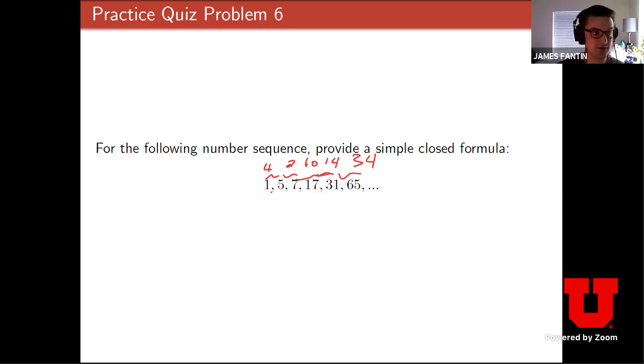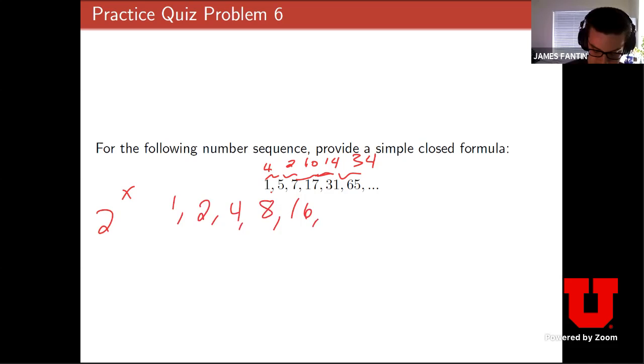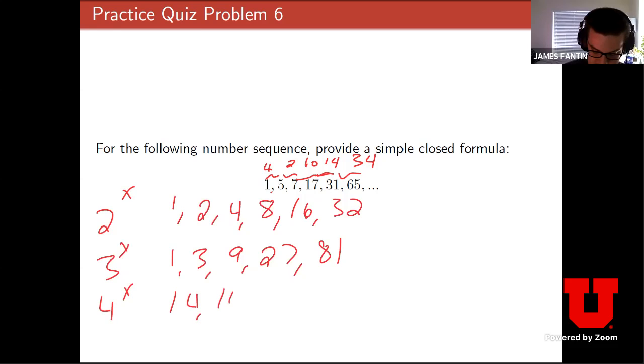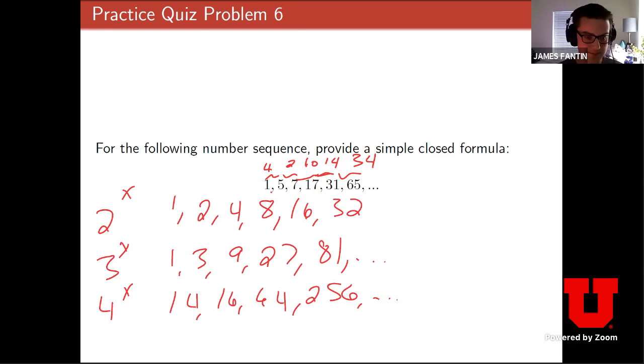Whenever we're thinking about exponentials and we notice that, we want to start thinking about what are the standard ones that we know about. So, we know 2 to the x, right? So 2 to the x gives us the pattern 1, 2, 4, 8, 16, 32. 3 to the x gives 1, 3, 9, 27, 81. 4 to the x gives 1, 4, 16, 64, 256, etc. These are the standard exponentials that we can think about.